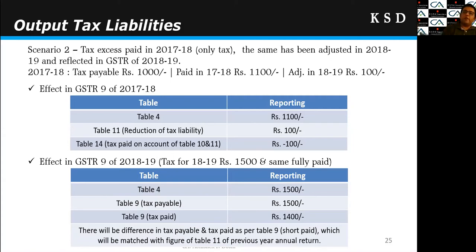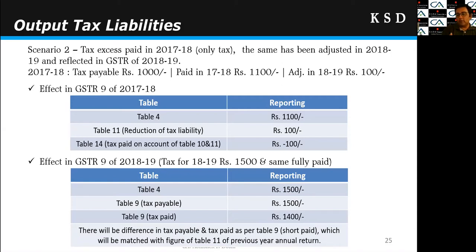But the tax paid figure, which will be auto-populated from the GSTR 3B, will be rupees 1400, because in 2018-19 I have effectively paid 1400 rupees only, and the 100 rupees excess payment of 2017-18 has been adjusted here. So here there will be a difference between tax payable and tax paid, and the difference will be short paid. That is, tax payable is on the higher side and tax paid is on the lower side, right?